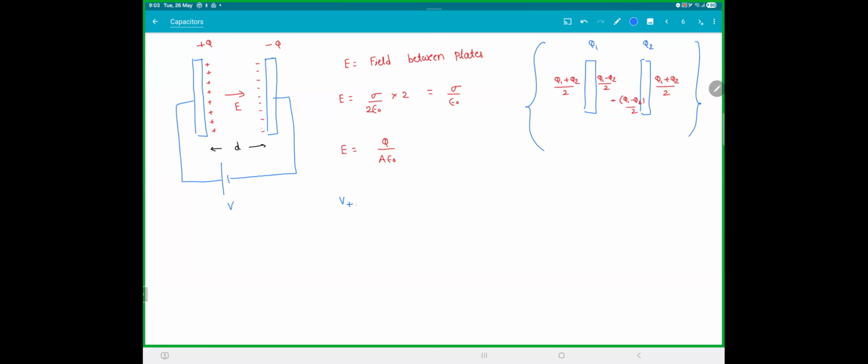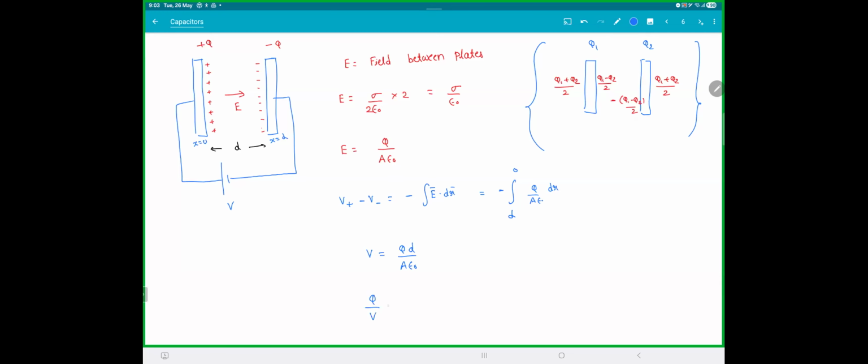Then we use our potential difference. V plus minus V minus is equal to minus integral E dot dr. Here the limits will go from 0 to D, because this is x equal to 0, this is x equal to D. E is Q by A epsilon, dr. Integrate this, and you end up with the potential difference V equal to Q D by A epsilon.